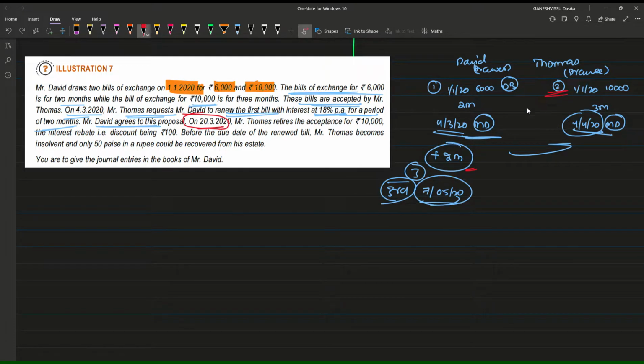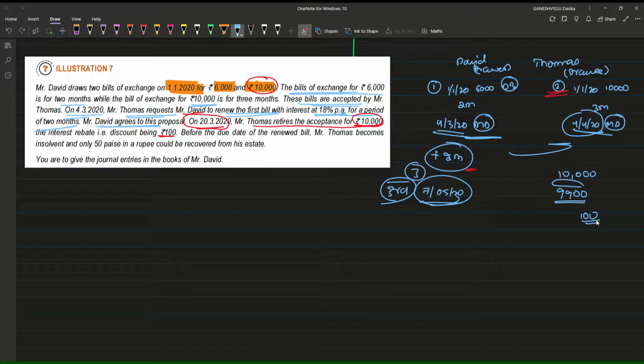So we need to act logically and understand that 20th March 2020 is for the second bill. On 20th March 2020, Thomas retires the acceptance for 10,000 rupees, which is the second bill. You need to think logically. The interest rebate is 100 rupees. So of this 10,000 rupees, 9,900 is receivable, and 100 rupees is the discount which David has to allow.